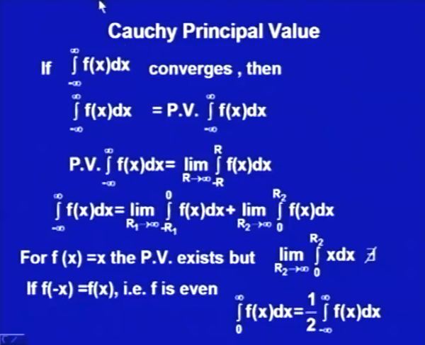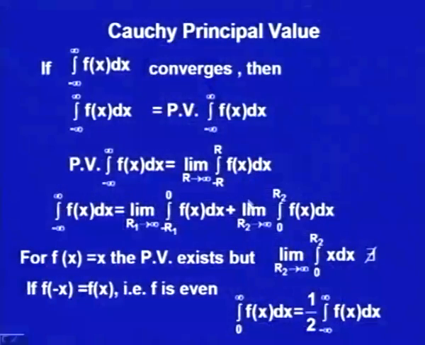So, now what we have got, the one result we have got, when we are defining the improper integral on the whole real line from minus infinity to plus infinity, is that if the integral of a function is convergent, it would be equal to the Cauchy principal value, where the Cauchy principal value we are defining in this manner.